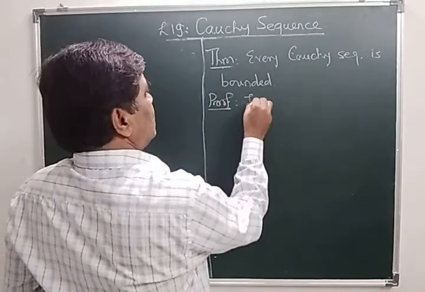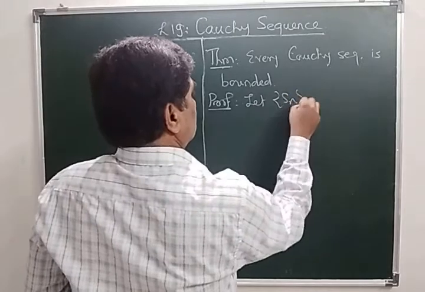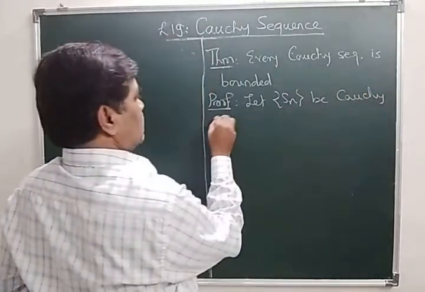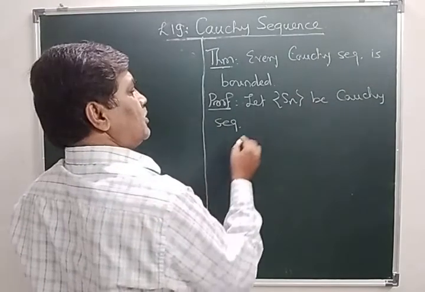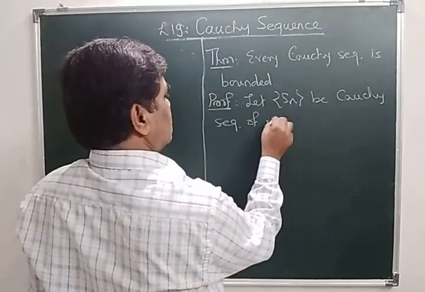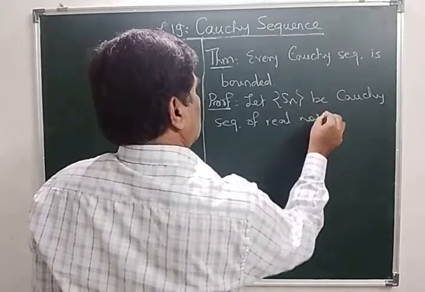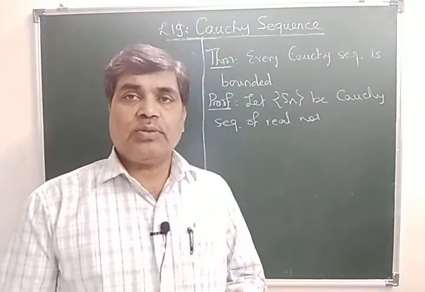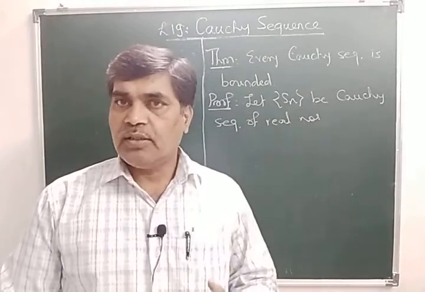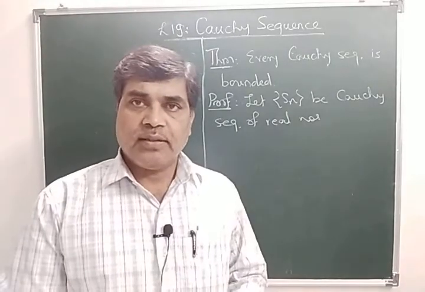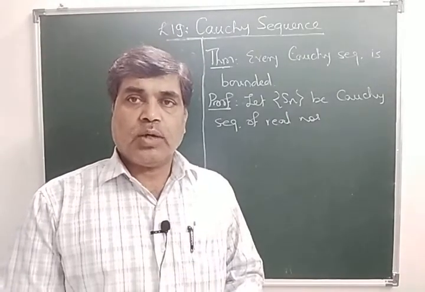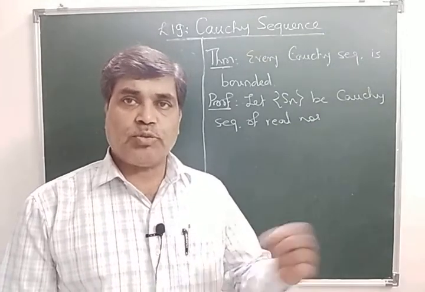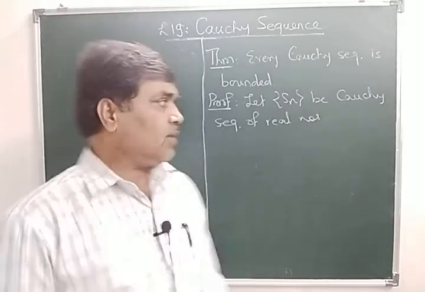So let Sn be a Cauchy sequence of real numbers. For given epsilon greater than 0, there is always some positive integer n naught satisfying the condition mod Sn minus Sm less than epsilon. As here we have to show that it is bounded, we'll take epsilon to be some fixed real number.